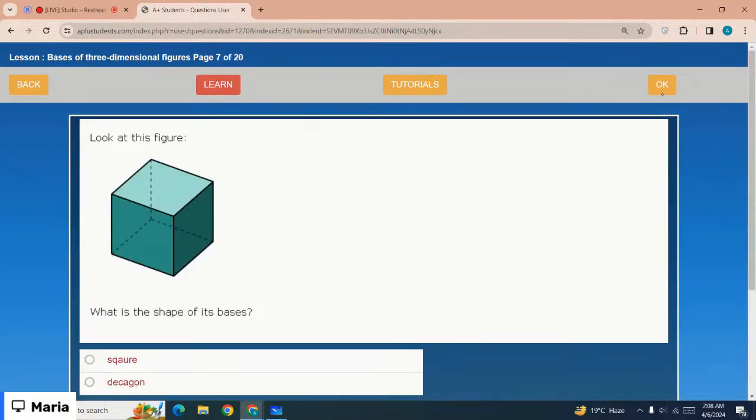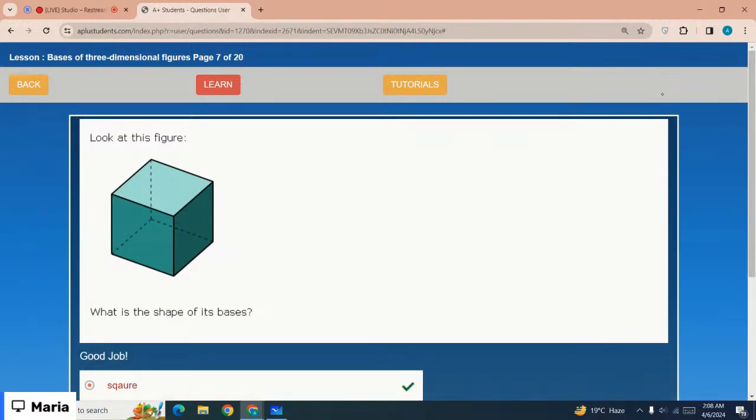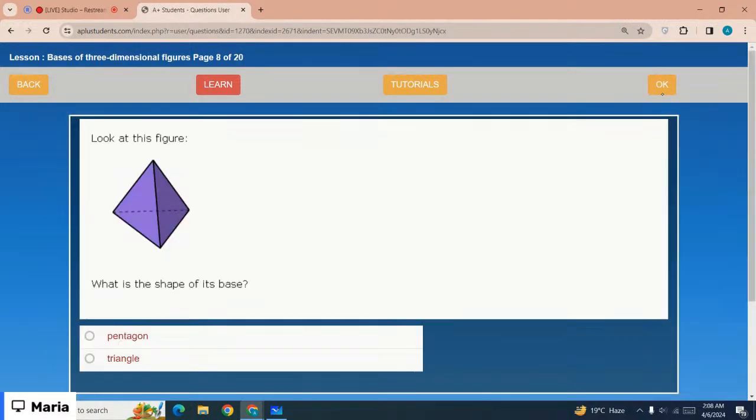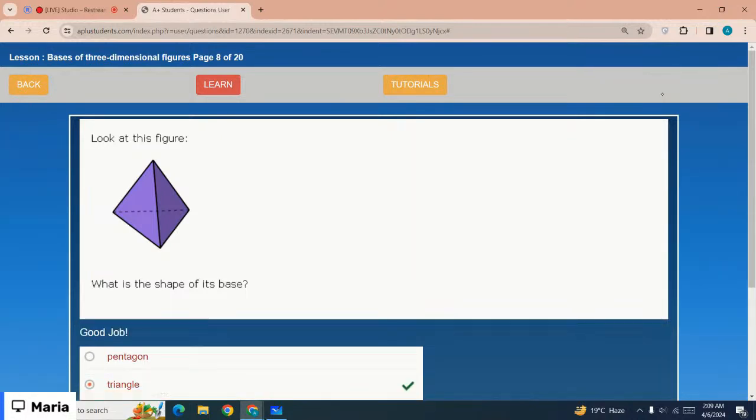What is the shape of its base? Which is the correct option? Yes, that is a square. The shape of its base is square. Look at this figure. What is the shape of its base? Yes, triangle it is. The correct option is triangle.